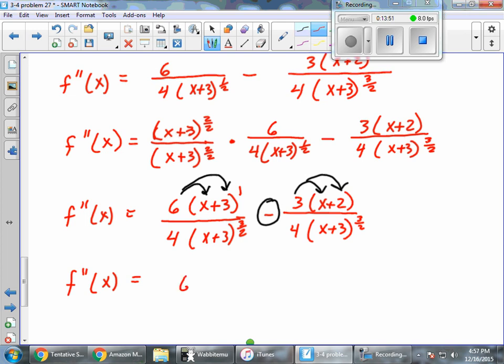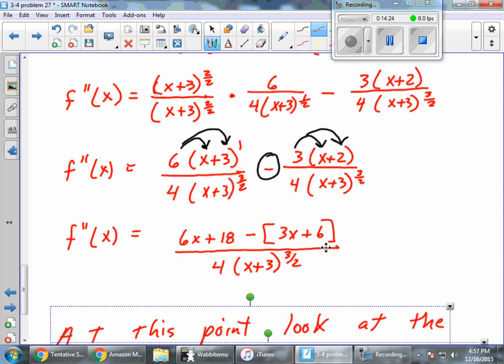So now we have 6x plus 18, because again, that's just the first power. We can distribute into that. Minus, and I'm going to put this separate, minus 3x plus 6. And that minus has to distribute over 4 times the quantity x plus 3 to the 3/2.